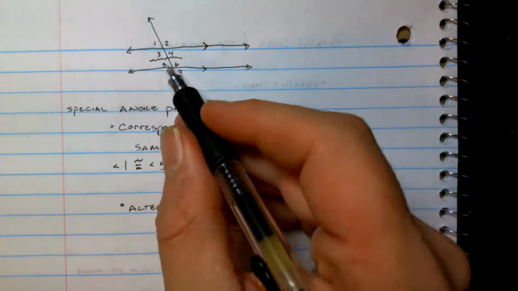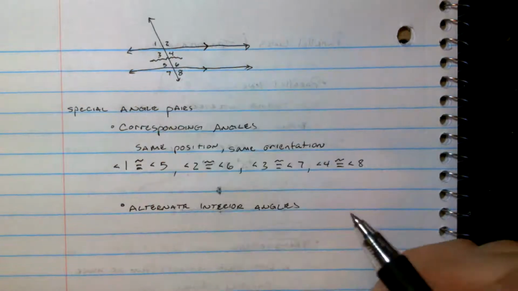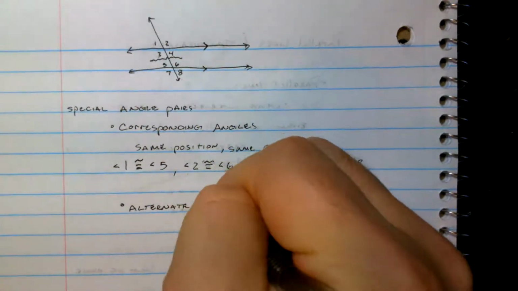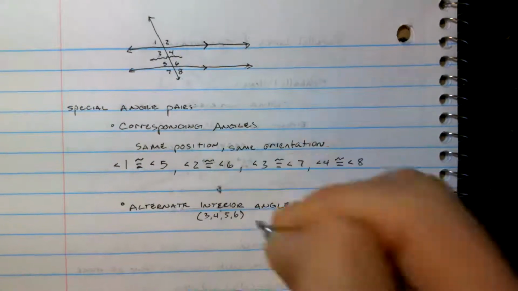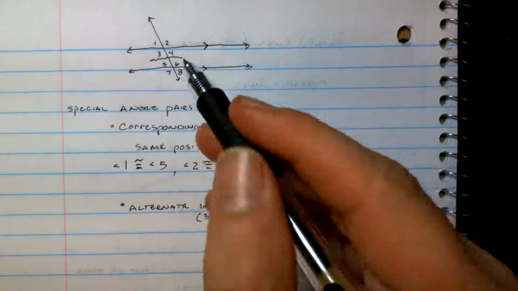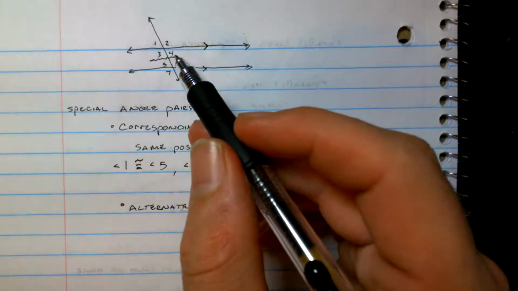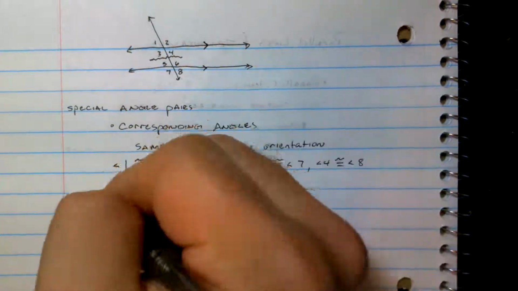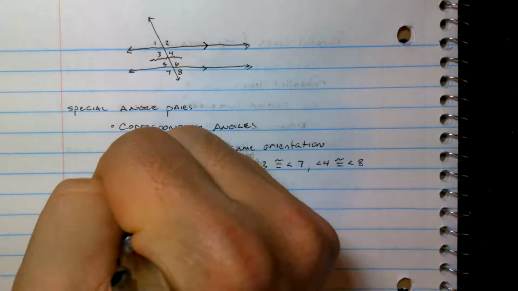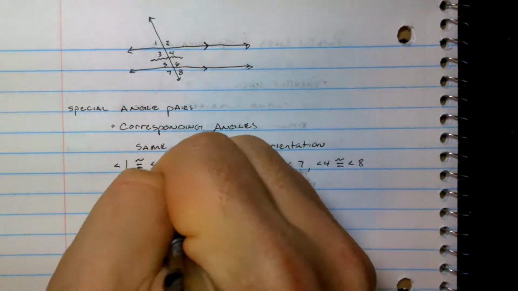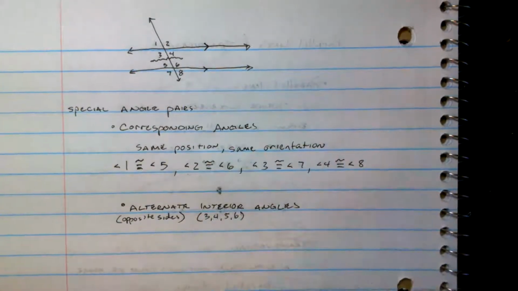Okay. So 3, 4, 5, and 6 are interior angles. So 3, 4, 5, and 6. They're interior. And alternate means they are on opposite sides.